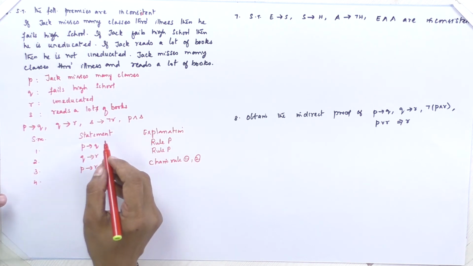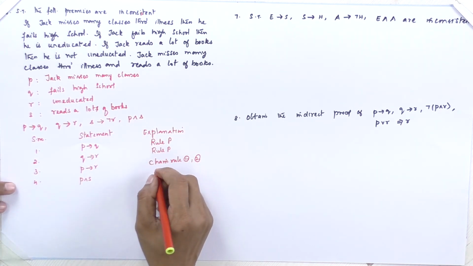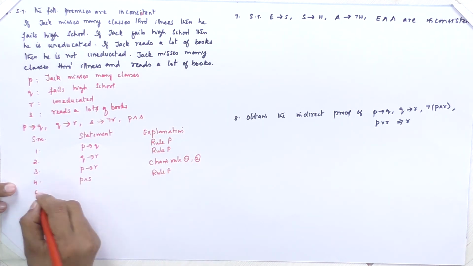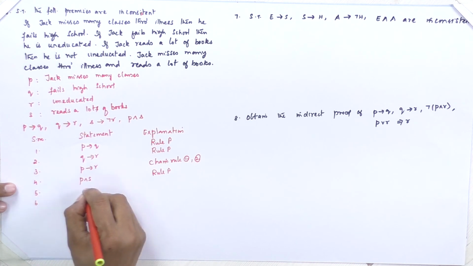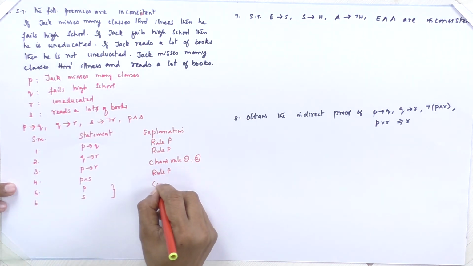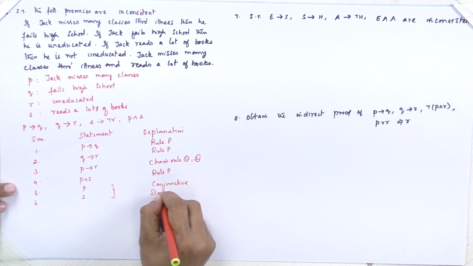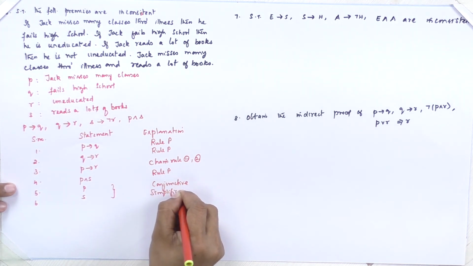Next, we do have P and S. Take P and S, it is rule P. Next, conjunctive simplification: either I have P or I have S. So this is conjunctive simplification on 4.